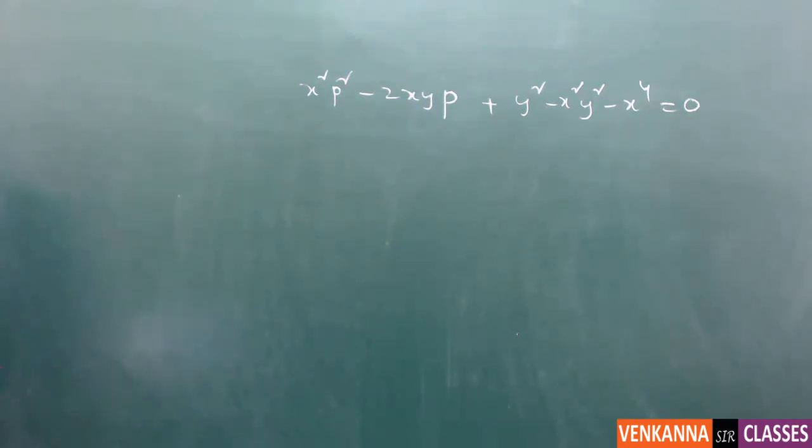So x square p square minus 2xyp plus y square minus x square y square minus x power 4 equal to 0. So I will give you 1 or 2 minutes so that you take the terms as common. Please go ahead. Tell me, is it possible to write the terms as common?